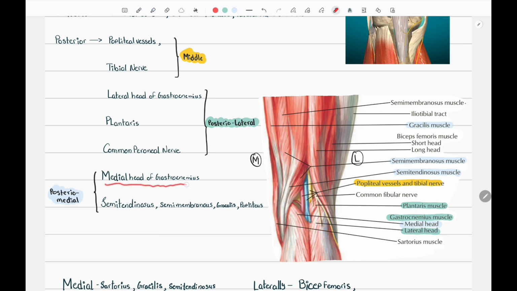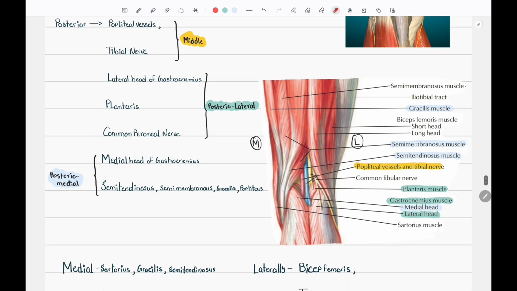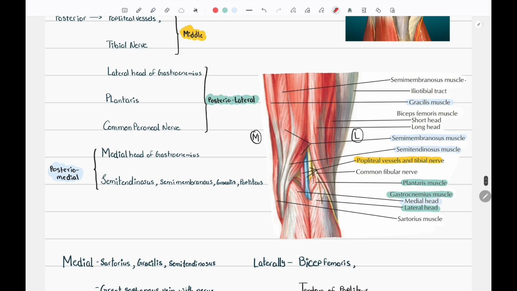The medial head of gastrocnemius, semitendinosus, semimembranosus, gracilis and popliteus. All these are the posterior medial relations of the knee joint. That is the gracilis muscle. This one is the gracilis muscle.